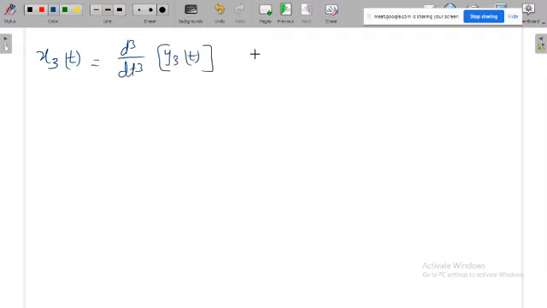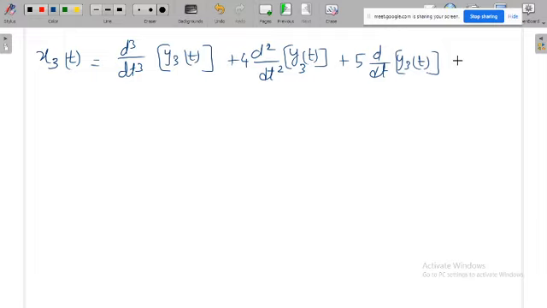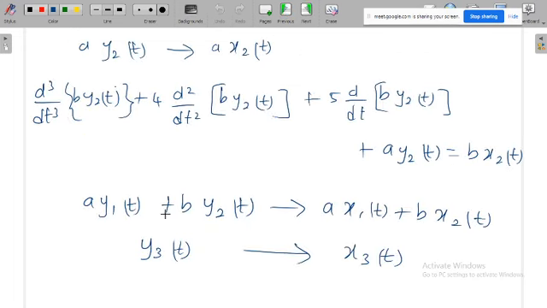Now I will replace y3 of t later in the next step. Next 4 d square divided by dt square y3 of t, and then 5 d by dt y3 of t. Then simply y3 of t. Again, instead of y3 of t we have to substitute this one.